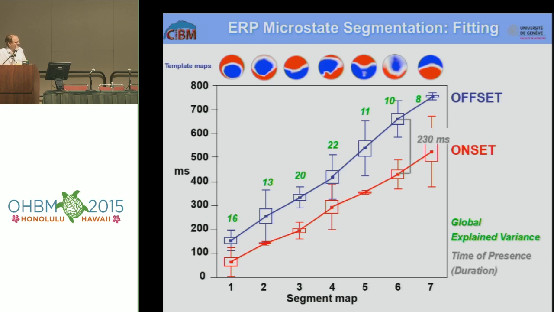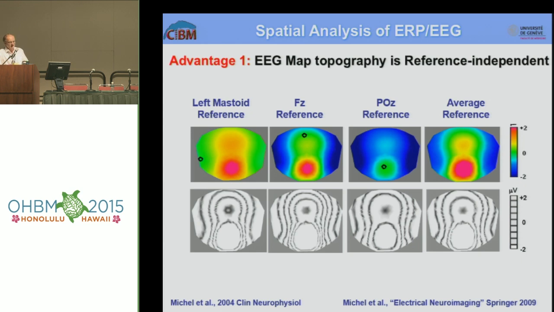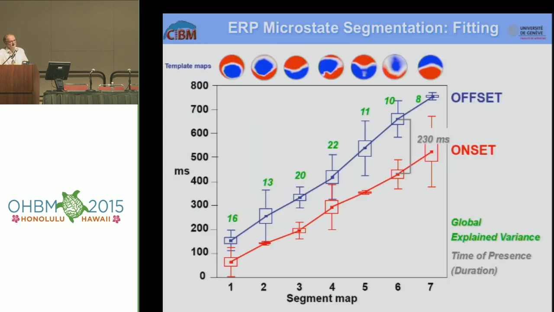You can define the time of presence, the duration of each of these maps in the different conditions for each individual subject. That means what you can do is statistical analysis, and compare these different parameters between the different conditions and find out finally whether one of these maps is present in one condition only, significantly present in one condition, and not in the other.